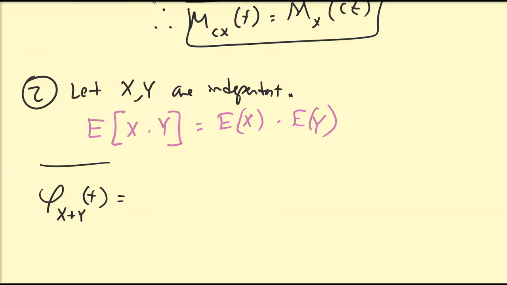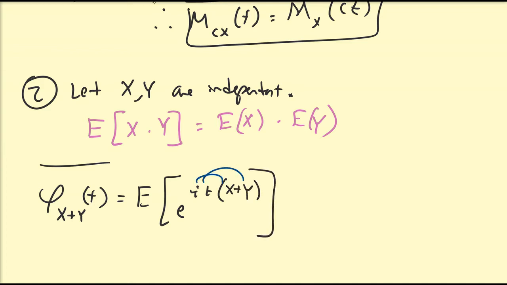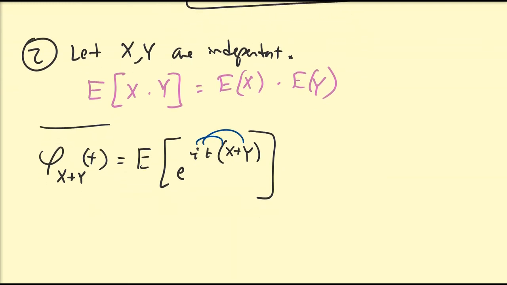So we can use our definition. That's just going to be the expectation of e to the i t (x plus y). And we can distribute it across that sum. So that's just equal to the expectation of e to the itx times e to the ity.